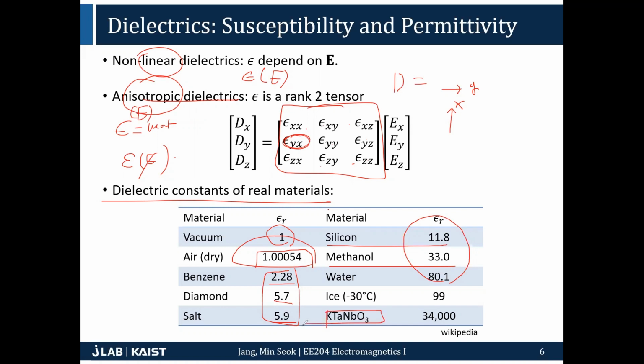I don't know how to even call this, but this material has a dielectric constant of a few tens of thousands, which means this material is extremely easily polarized. With a very small amount of electric field, this material is strongly polarized to produce the polarization field.